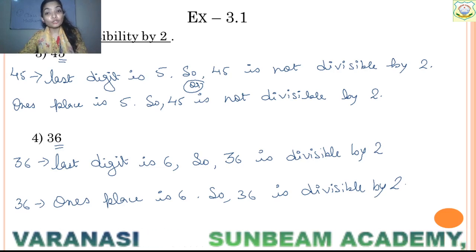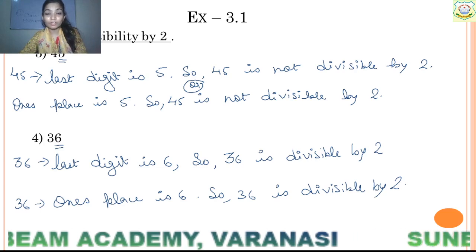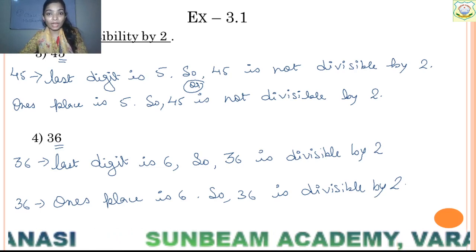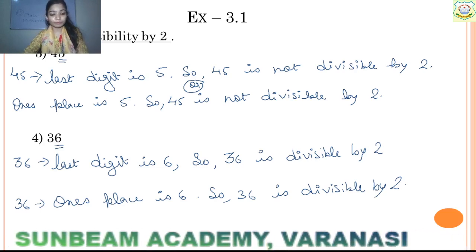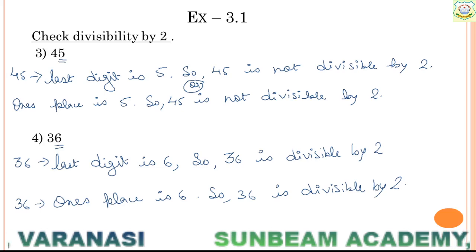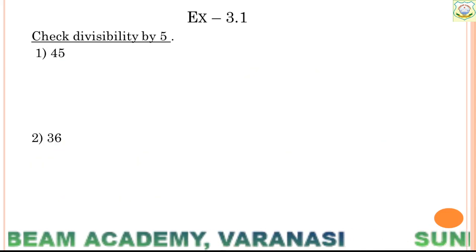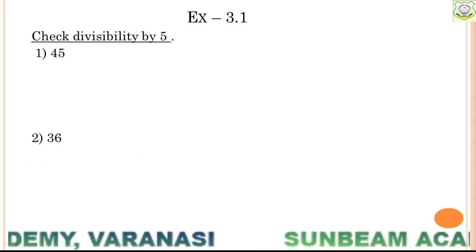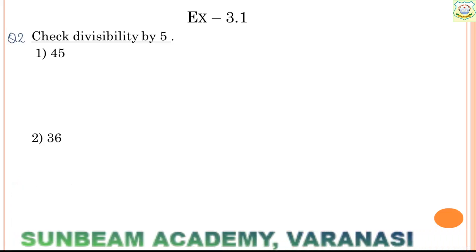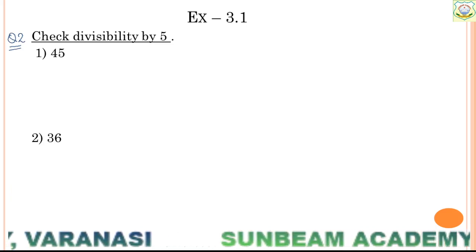Now on a new page we have to write the next question, that is check divisibility by 5. Okay students, don't get confused. Whatever instructions I am giving you, please follow that properly. Now start doing in the new page. Write down question number 2. This will be question number 2. Check divisibility by 5. In this also we will be doing 4 questions.